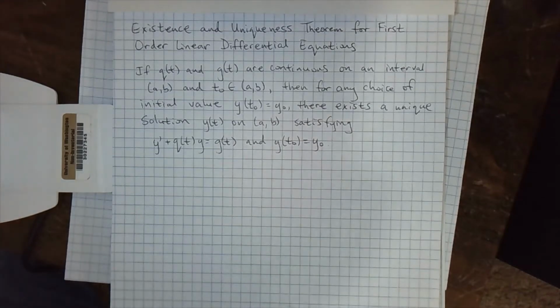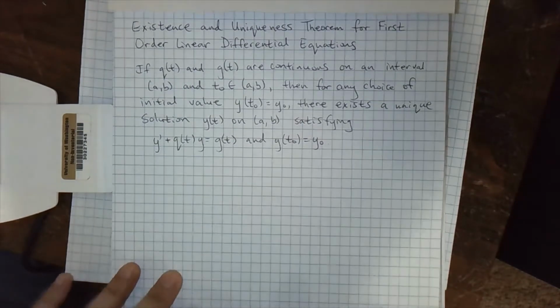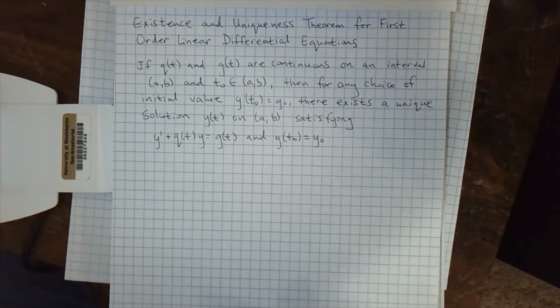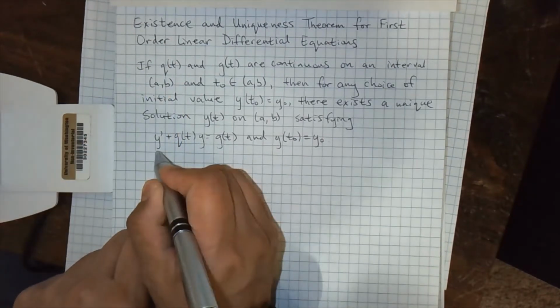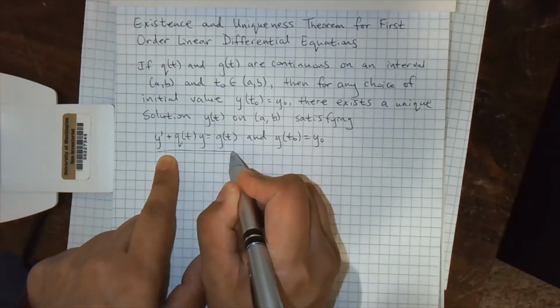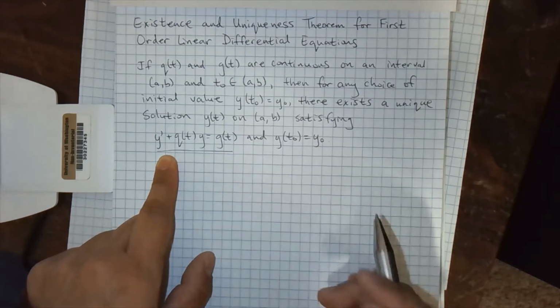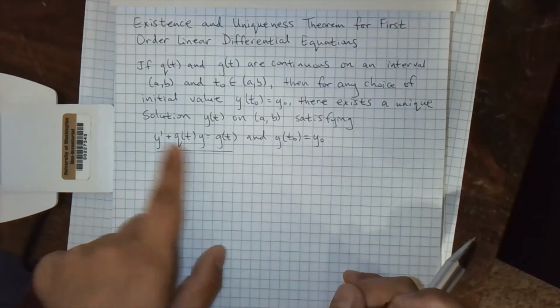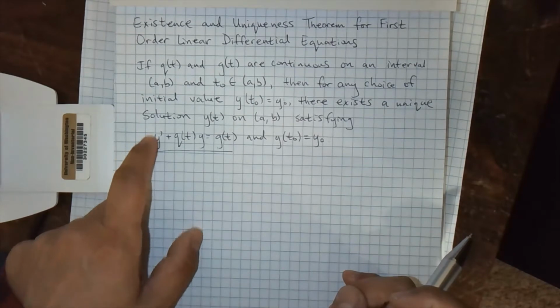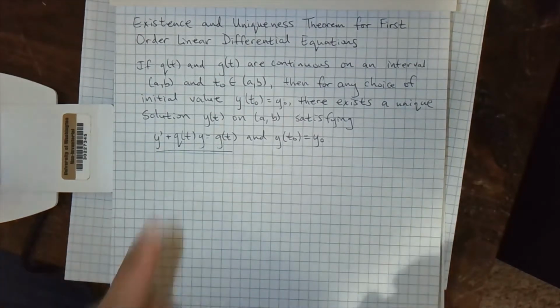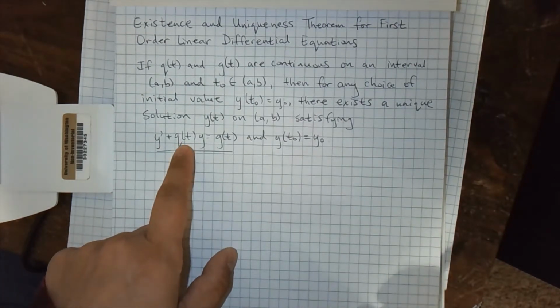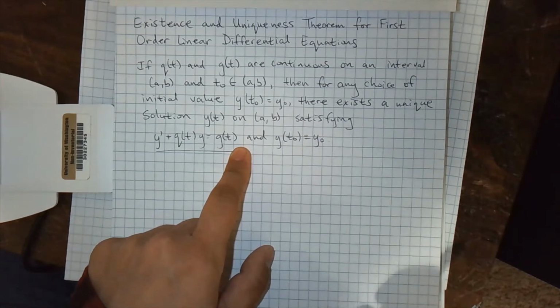All right, so here we go. Here's the existence and uniqueness theorem for first-order linear differential equations. I wrote it down so that we could just talk about it. We have this first-order linear differential equation. This is the form we had it in before. If it's not in this form, you divide both sides by whatever's in front of y prime to get it in this form. So we have these functions q of t and g of t.